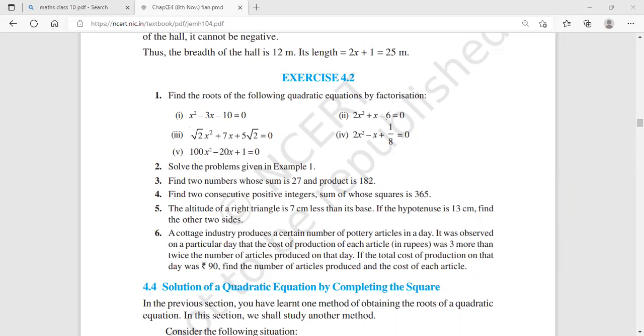Let's name it as ABC. So this is our right angle triangle ABC, which is right angled at B.